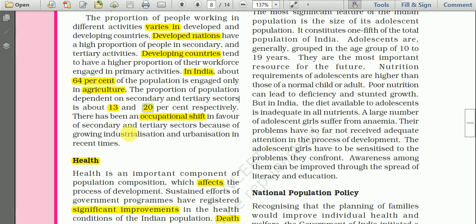But recently there has been an occupational shift in favor of secondary and tertiary activities because of growing industrialization and urbanization. For India also, there has been a shift from the primary to the secondary and tertiary sectors because of the development of industries and the growth of big cities.